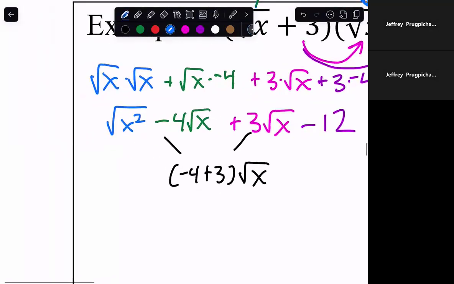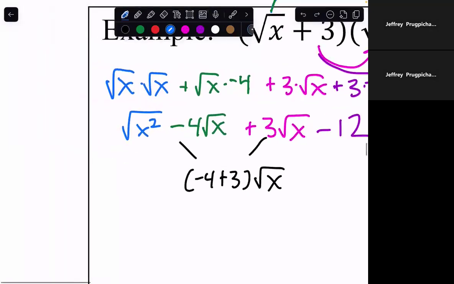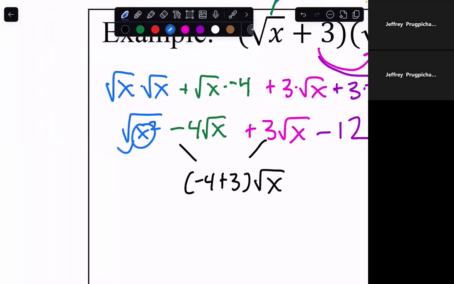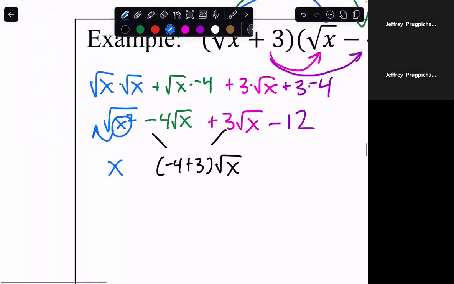And then we can actually simplify this one too, right? We know that the square root of x squared, you take the x out. So in the end, we have x, -4 plus 3 is -1. So x minus radical x, and then -12.